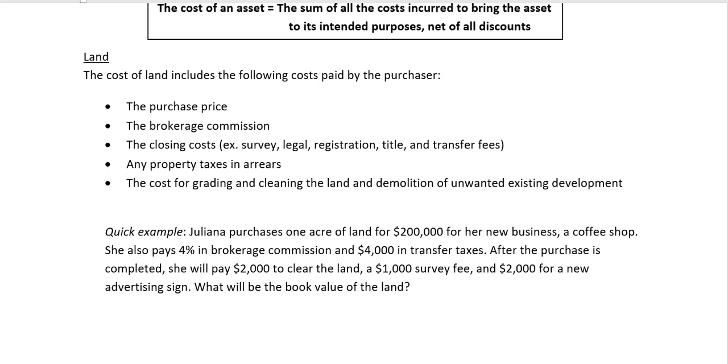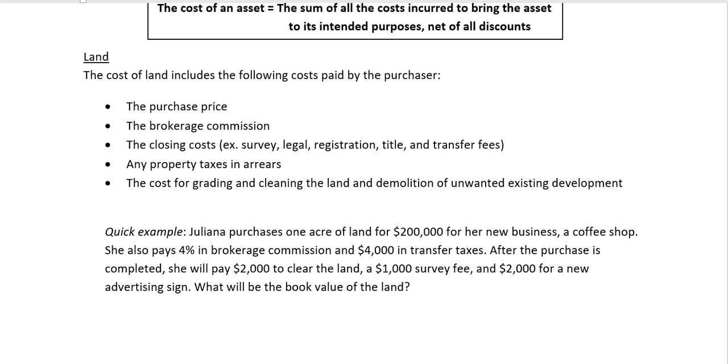So let's say we have a $300,000 property and it has $15,000 worth of property taxes owing on it. The theory is it will sell for $285,000 net of taxes. So the property taxes in arrears are tied to the cost of the land. And the last point, this goes back to intended use of land.